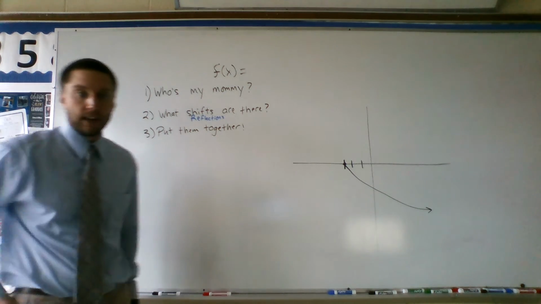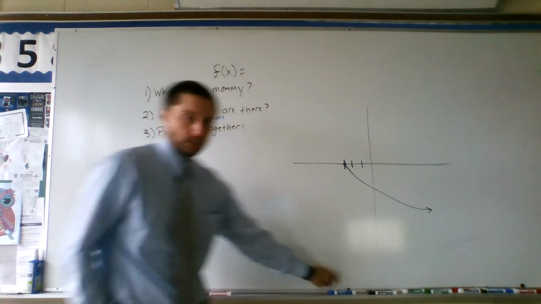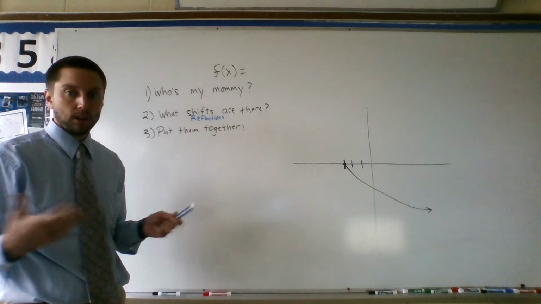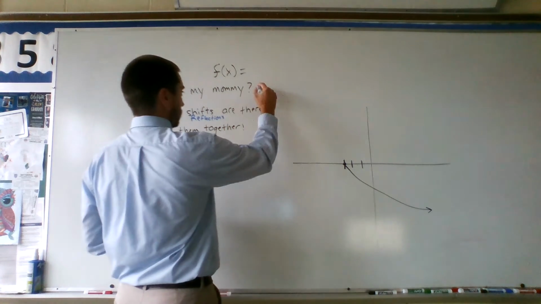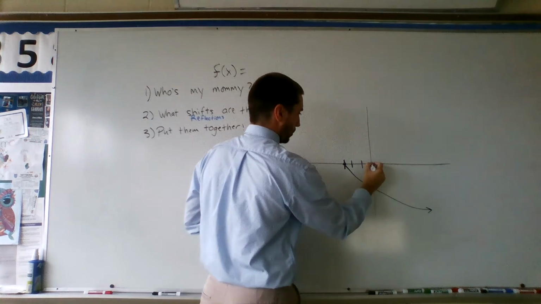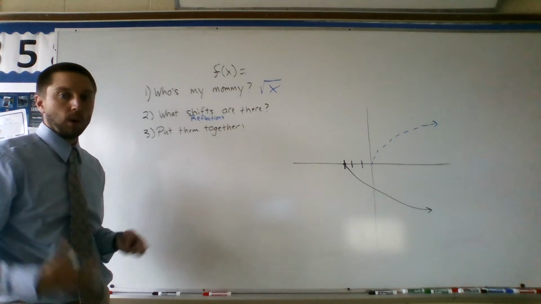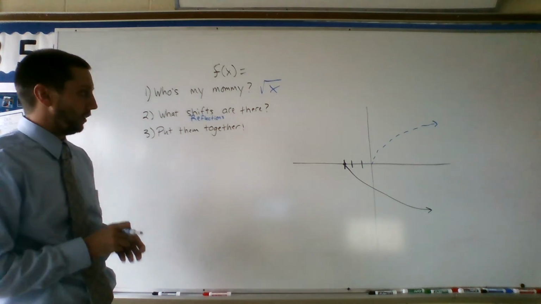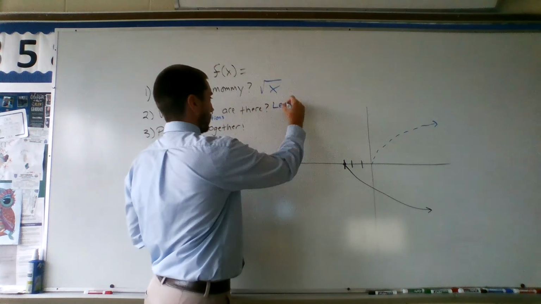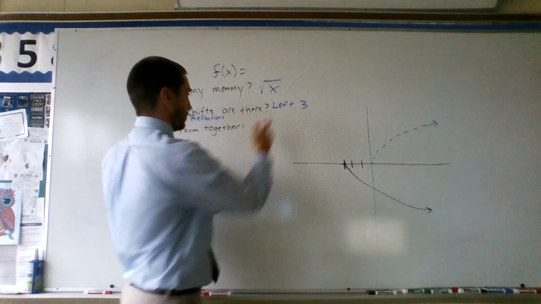Okay, last one. Now I want to know what's the equation of this graph that I'm given. All right, so it's kind of the same order of events, just backwards. Step 1, what's my parent function? Well, this looks like the square root of x to me. If you remember, square root of x normally looks like something like that. So what happened to that function? Well, it looks like it went to the left 3 units, and it got reflected over the x-axis.